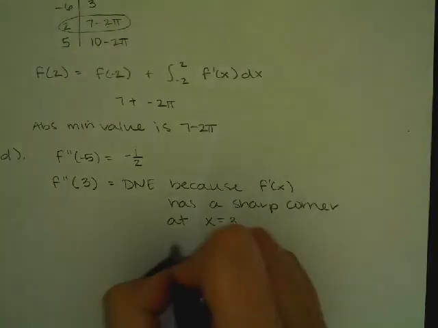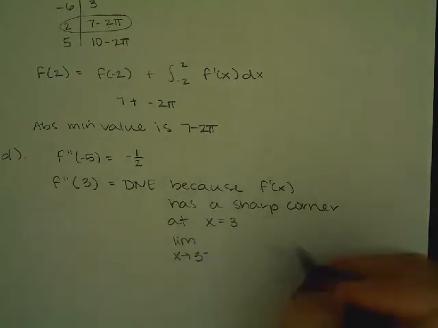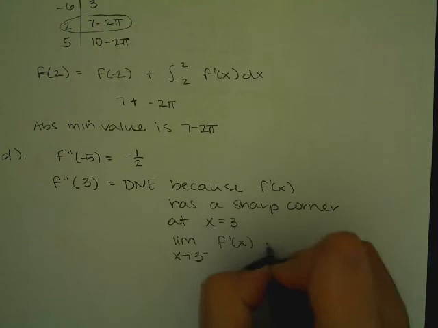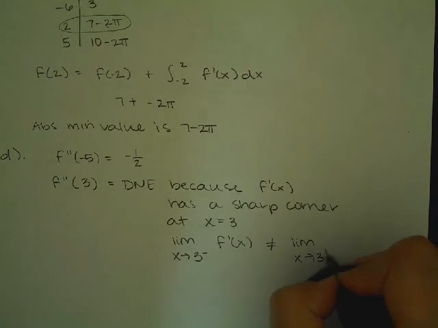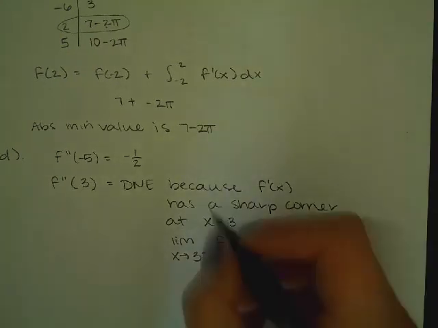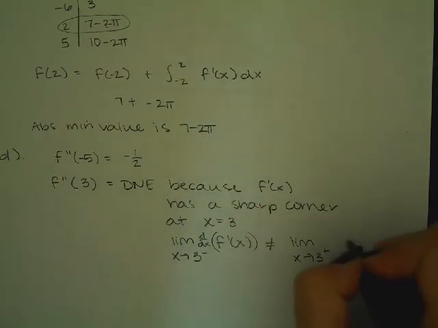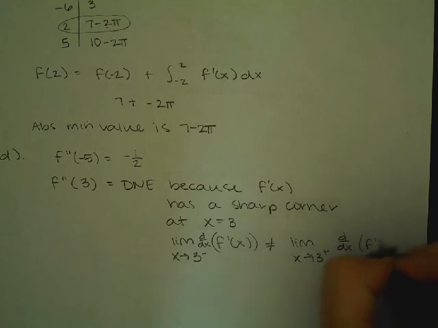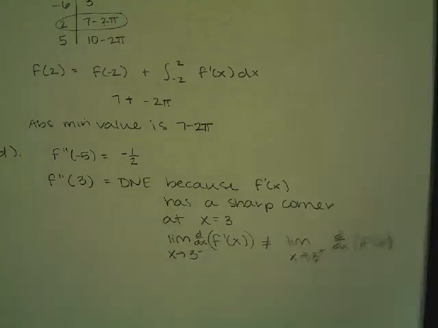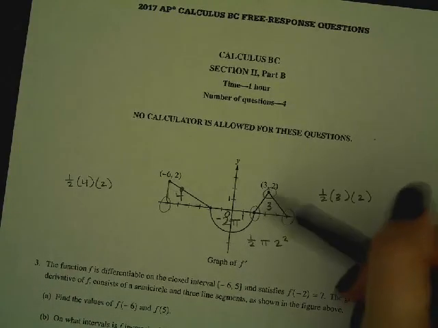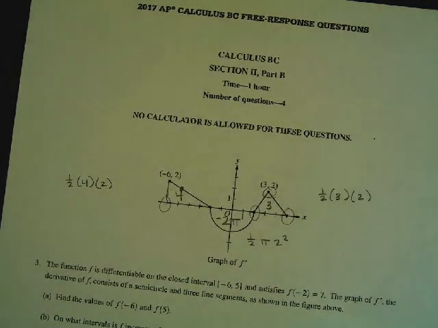That means that the limit as x approaches 3 from the left of the derivative is not equal to the limit as x approaches 3 from the right. So the derivative on the left side is positive slope. The derivative on the right side is negative slope. Definitely not going to equal each other there.